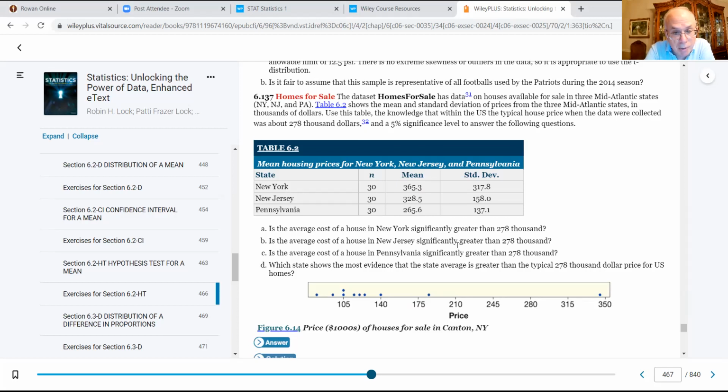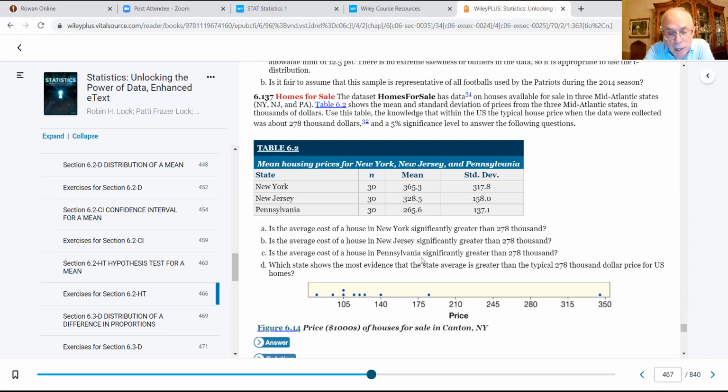And actually, they're asking the same question in New York, New Jersey, and Pennsylvania. So these are 3 separate hypothesis tests. If you did New York, your test statistic would have the mean 365.3 and standard deviation 317.8. If you were using New Jersey, you would use that sample mean and sample standard deviation, 328.5, 158.